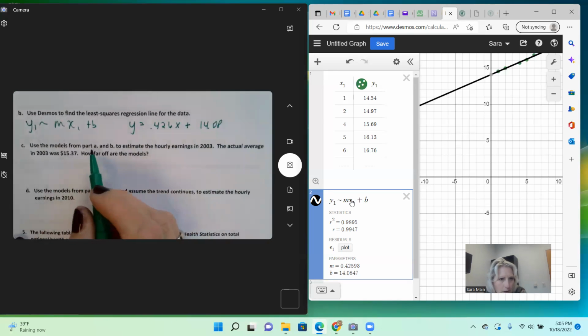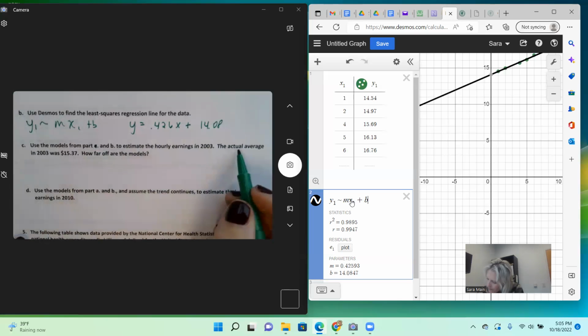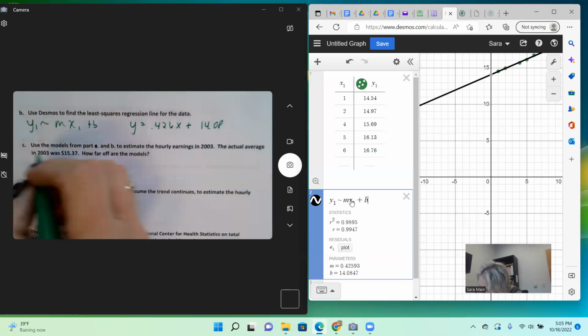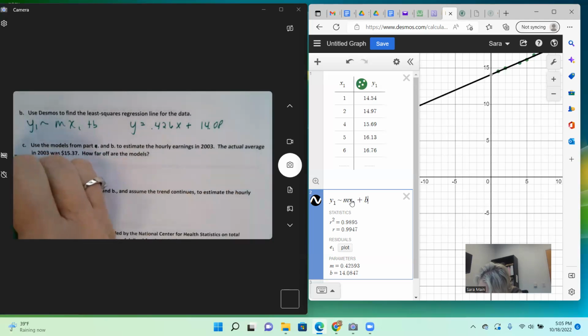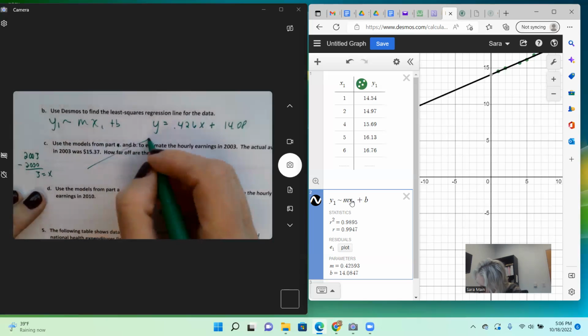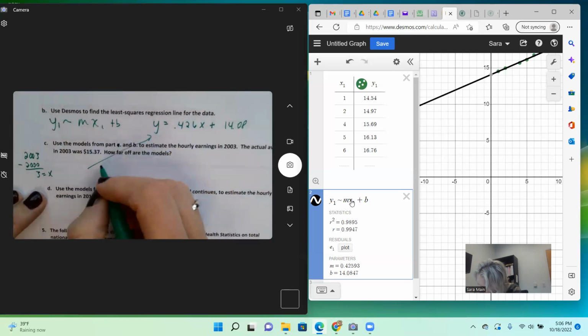Use the models from part A and B. I'm not going to use A, just B, to find the f. And we're going to predict in 2003. So 2003 subtracting 2000 is x equal to 3. So I'm going to put that into here.